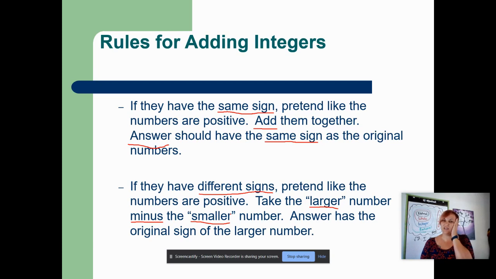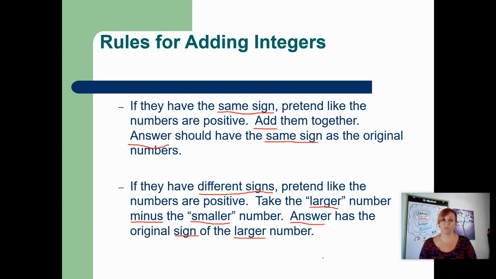Because in our head, it's always easier to do bigger minus smaller. When we write our final answer, we need to make sure that our answer has the same sign that the bigger number had in the original problem. If the bigger number was negative in the original problem, then we'll get a negative answer. And if the bigger number was positive, then we'll get a positive answer. These are the rules for adding.